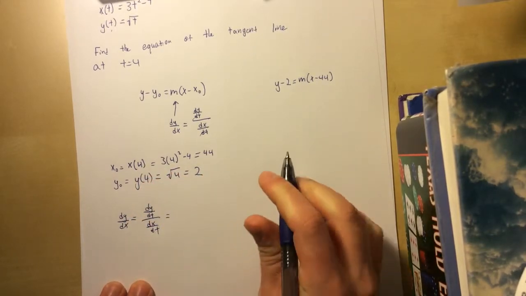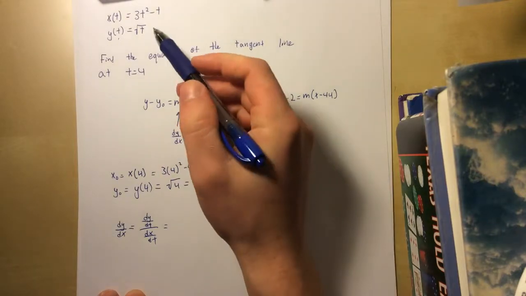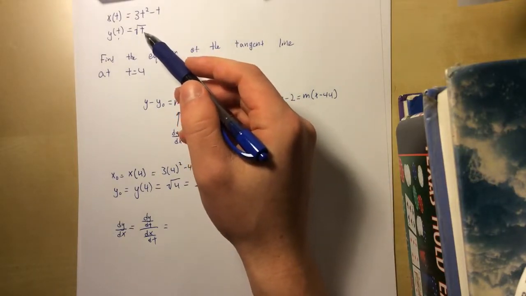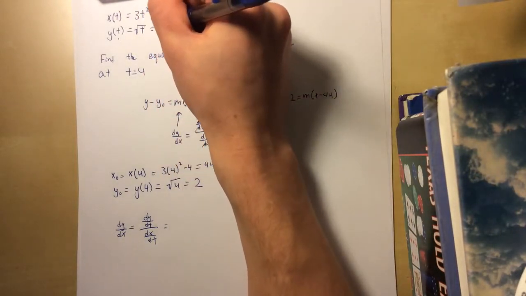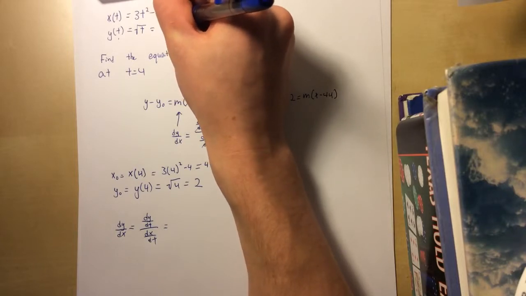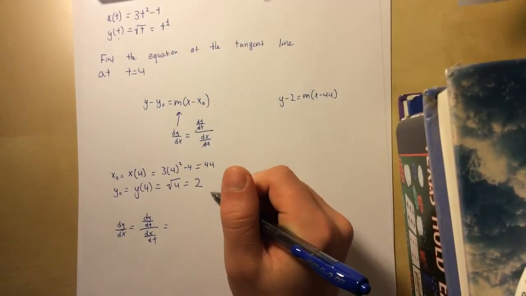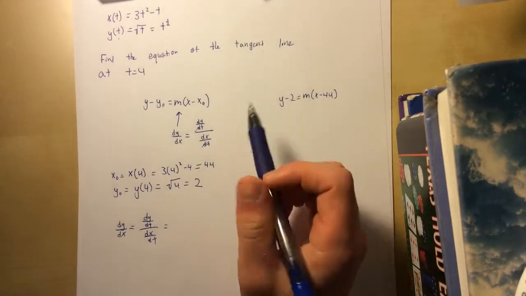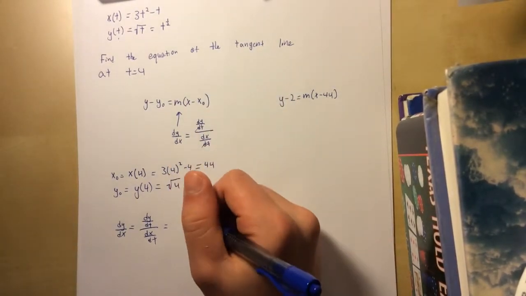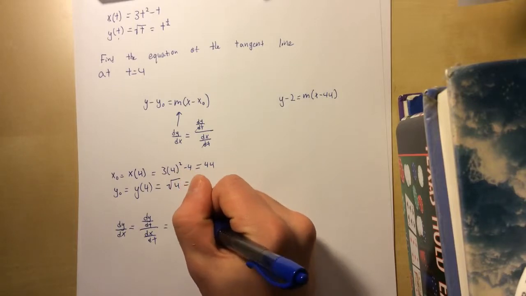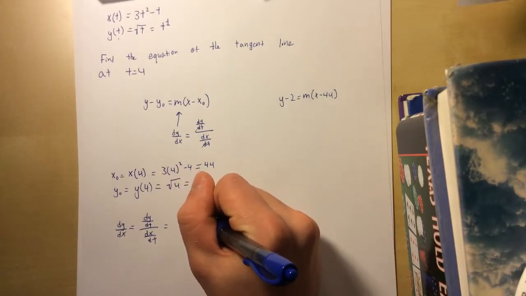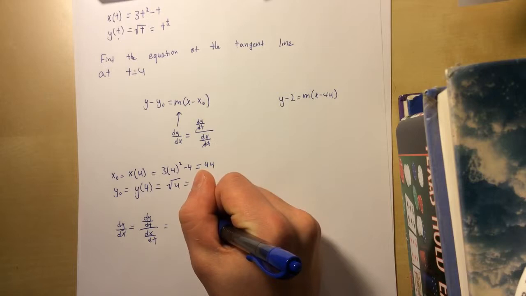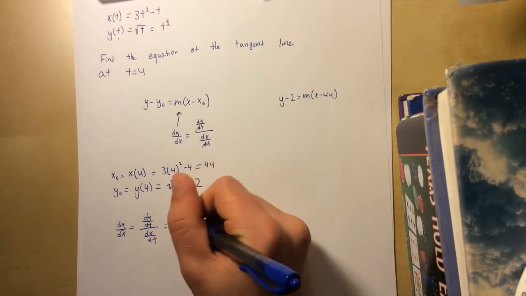And I'm just going to go ahead and do that. The derivative of y with respect to t, I'm just going to rewrite this as t to the 1/2. So the derivative of that is going to be 1/2 t to the negative 1/2. And I'm just going to write that as 1/2, and instead of t to the negative 1/2, I'm going to put root t on the bottom because those are equal.